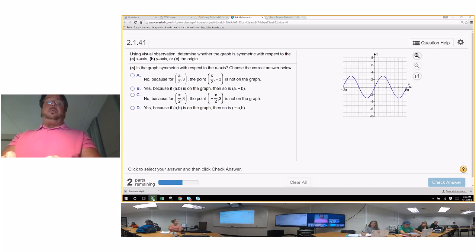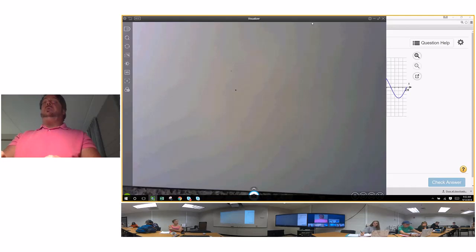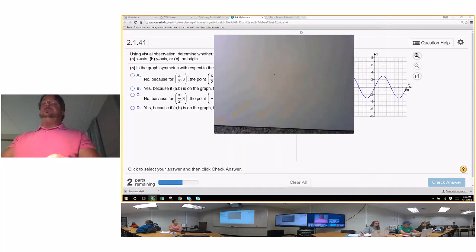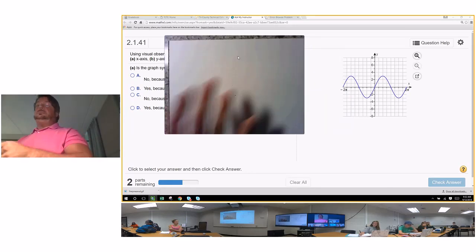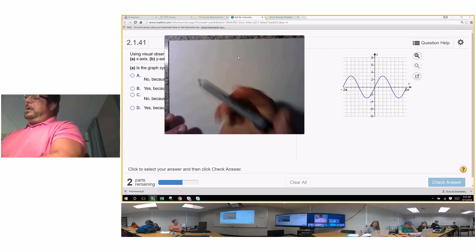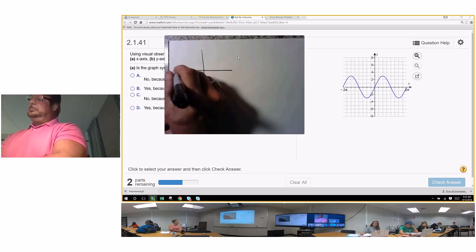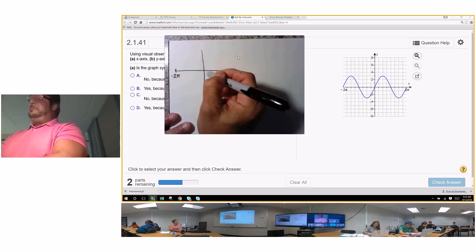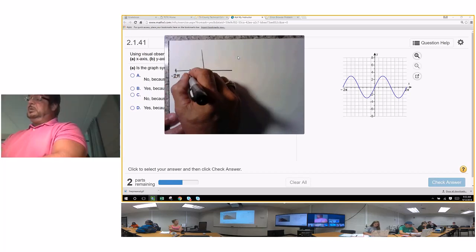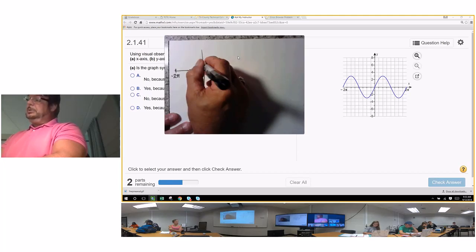Hold on a second. I'm pulling up the camera. There we go. And I'm going to have to make it small for a second and move it over. There we go. And I'm going to draw the graph like so. I'm going to do -2 pi and -pi and 0. And this is 1, 2, 3.